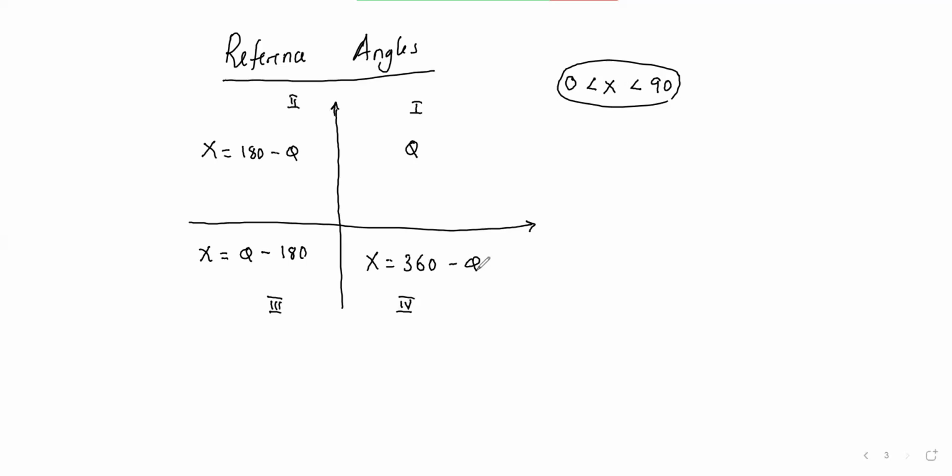Because the boundaries are 360, 270, 180, 90. So the 270 does not appear in any of the calculations that we do, because we only want to talk about the angles that are leaning on the x-axis.